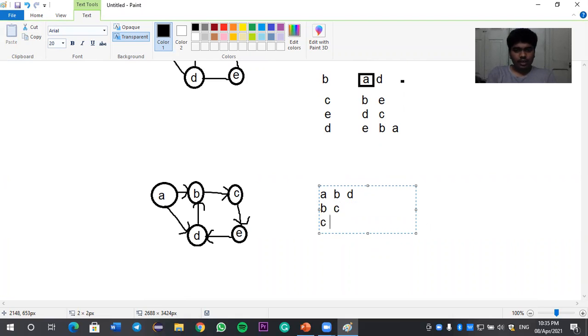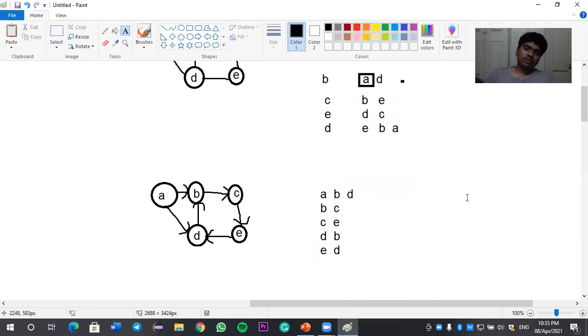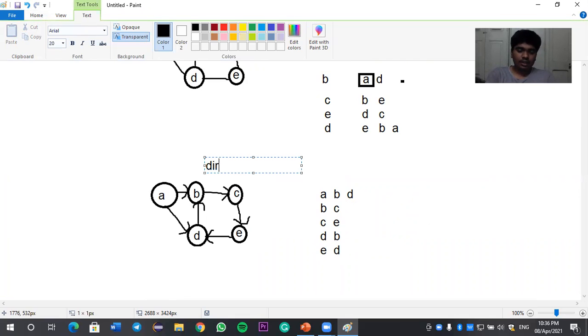For C, we can draw for E only. For D, we can draw only for B. For E, we can draw only for D. So in this manner, we can draw the linked list for a directed graph.